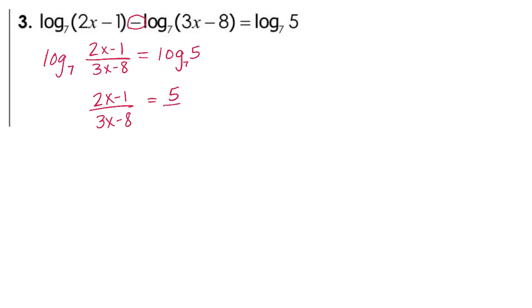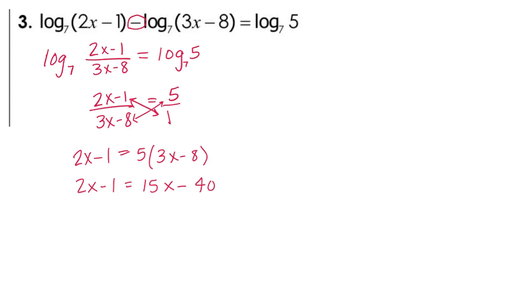And I would put 5 over 1 to set up our proportion. You'll need to cross multiply. So that's 2x minus 1 equals 5 times 3x minus 8. So we do have our distributive property here. We're going to have 15x minus 40.